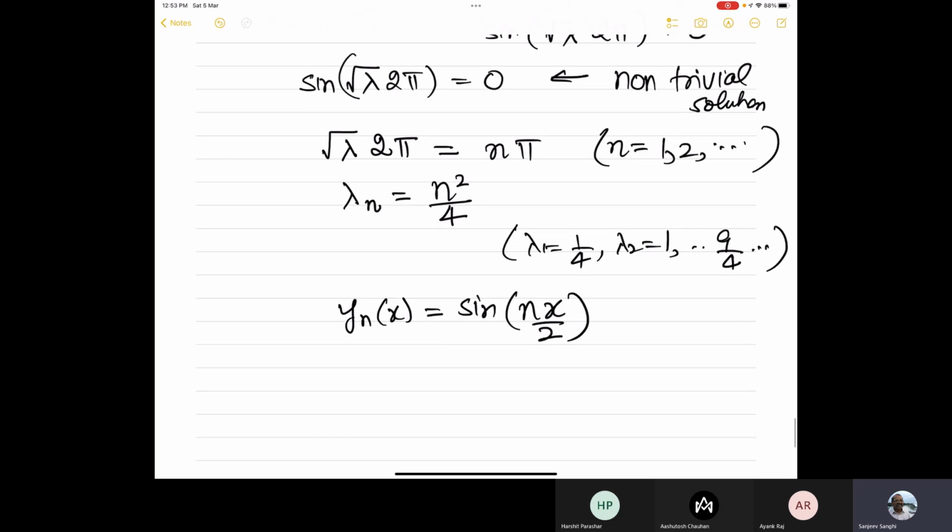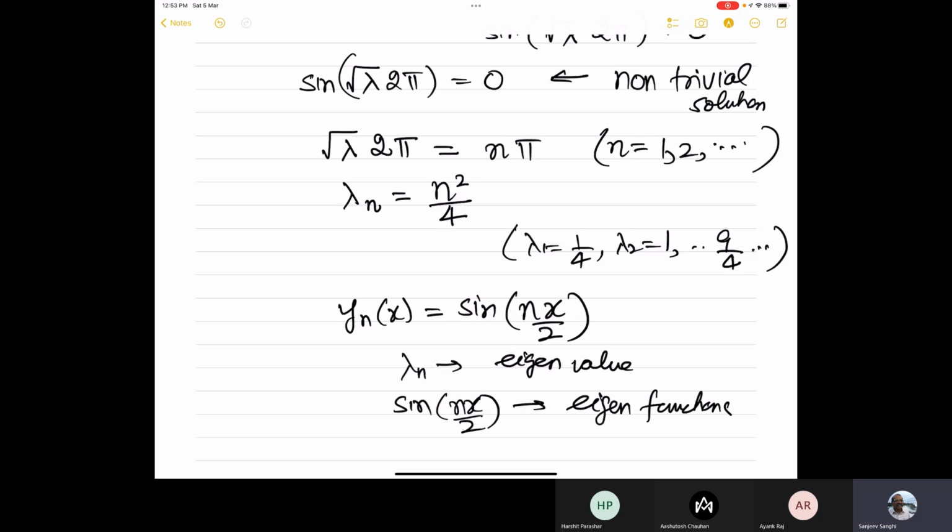So we get y is equal to this thing. And lambda n is the eigenvalue, and sine of nx by 2, these are the eigenfunctions. So for each n, there is a separate eigenvalue and there is a separate eigenfunction.